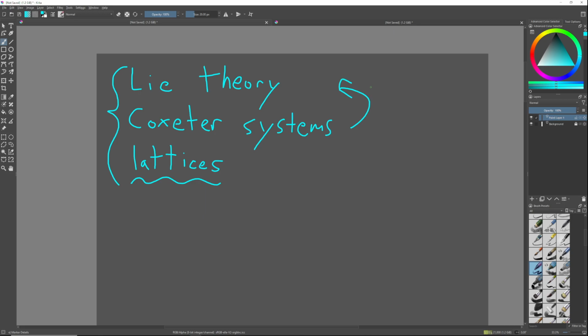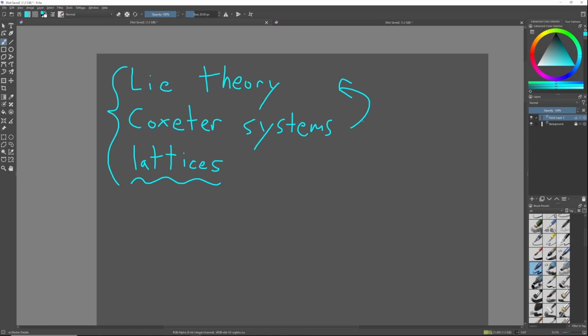Now, here's another quote from this book. On the next page, McKay and Thomson conjectured the existence of a natural, infinite-dimensional representation of the monster. So that's very interesting. An infinite-dimensional representation of the monster.